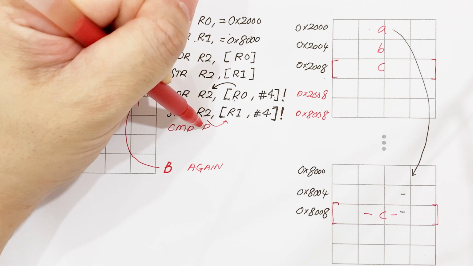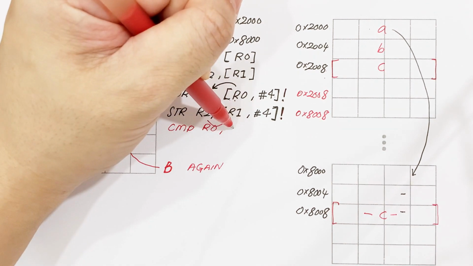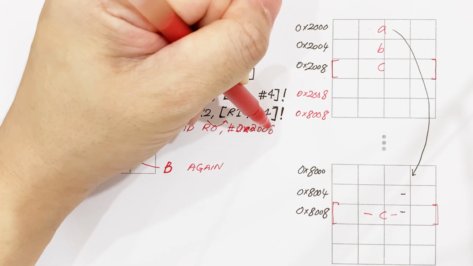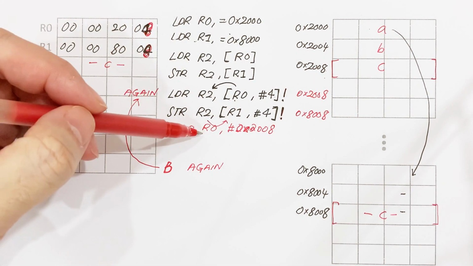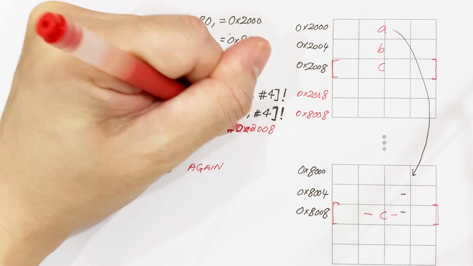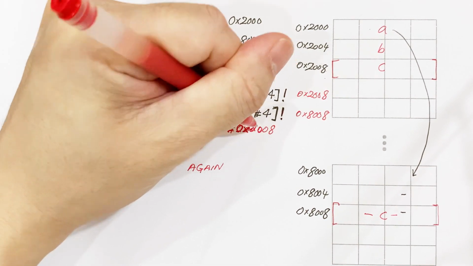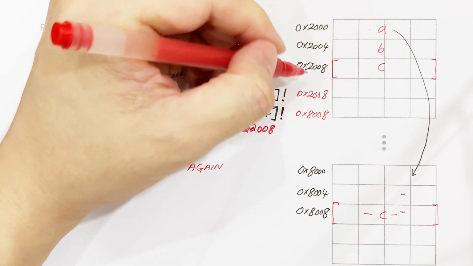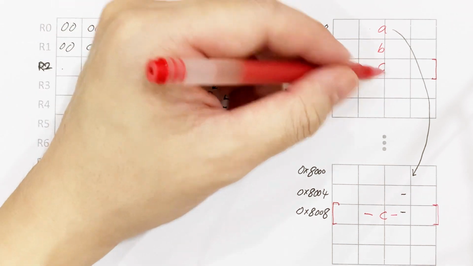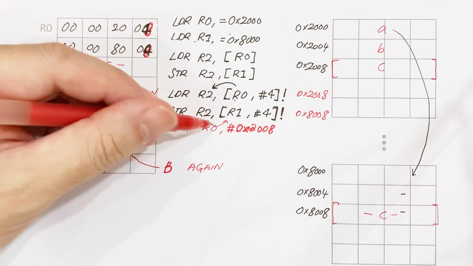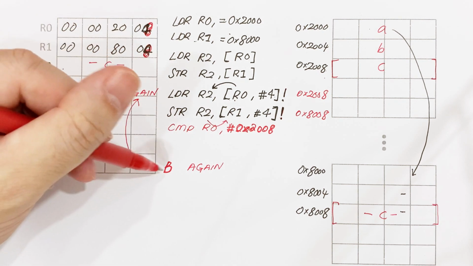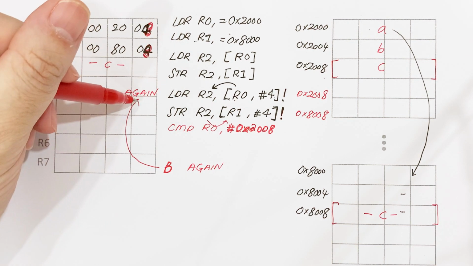So let's compare register 0 with the value of 2008, which is the last memory location that we're supposed to duplicate. And if this is true, then we're going to stop the processor from repeating the again.